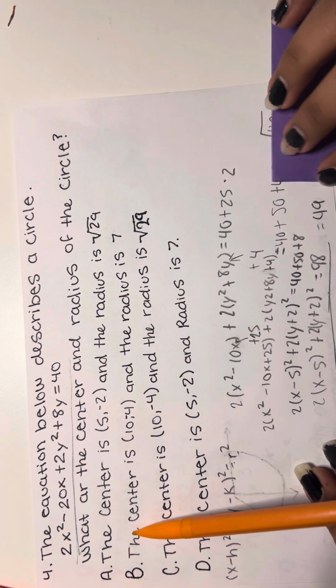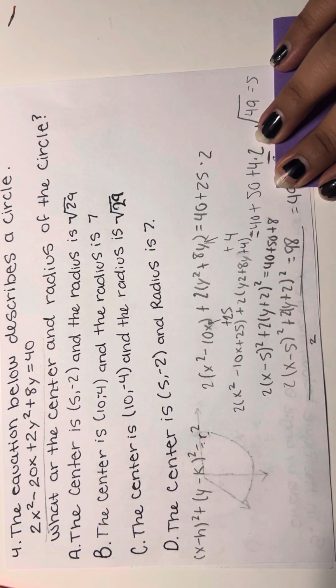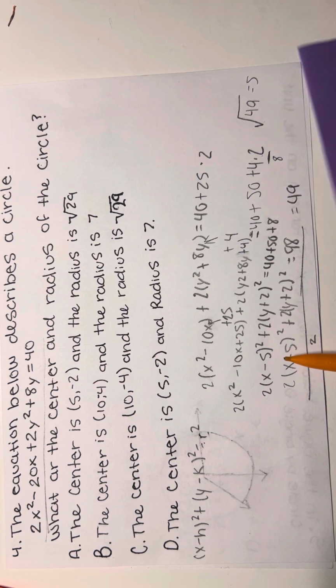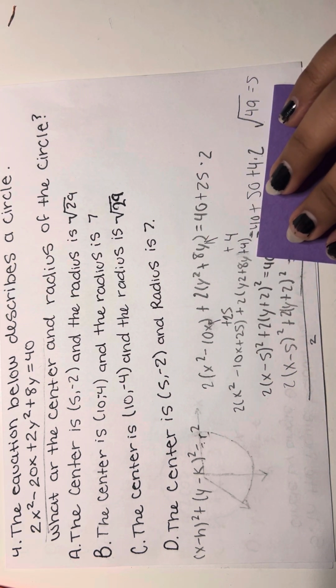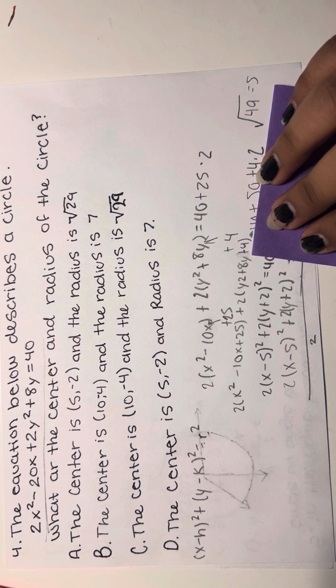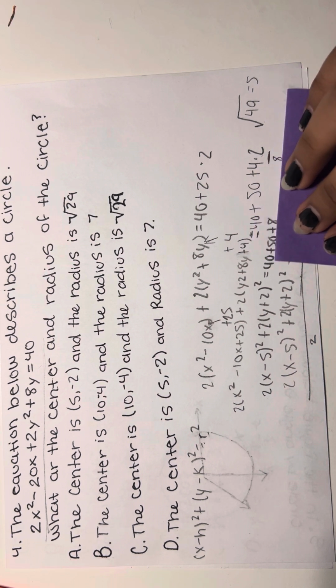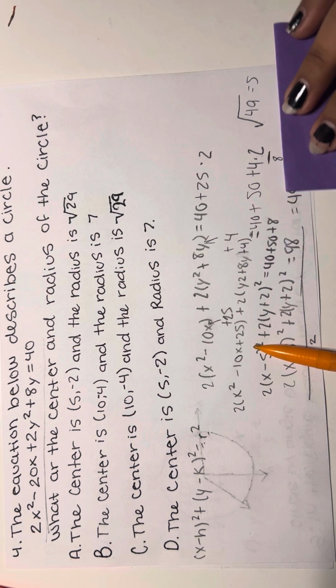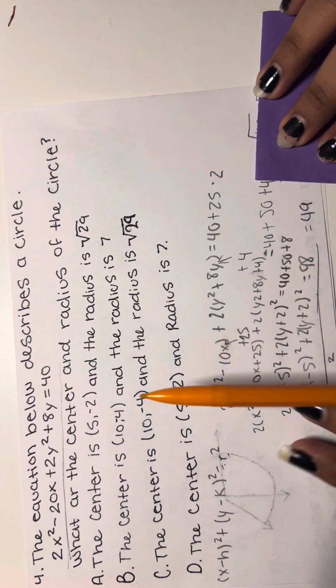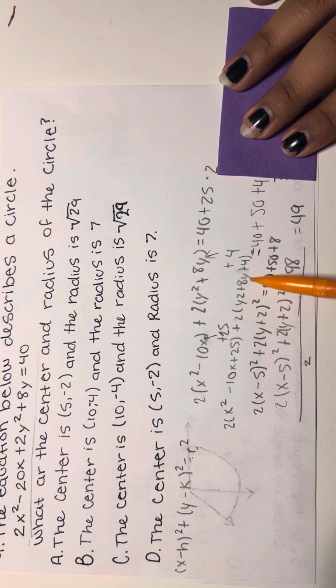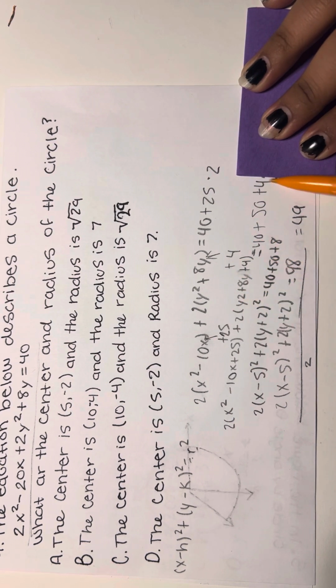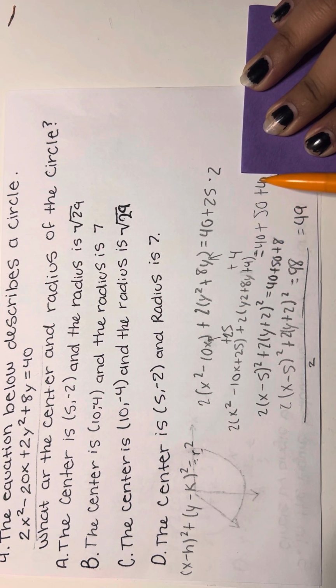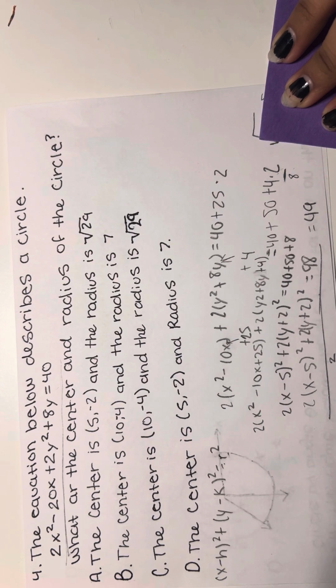After that, to complete this, we would do y squared plus 8y, and we would add 4 to both sides, which would be y squared plus 8y plus 4, and we would add it to this side, which would be plus 4 times 2. And we know that 4 times 2 equals 8.